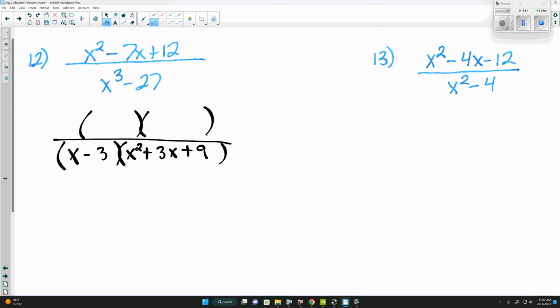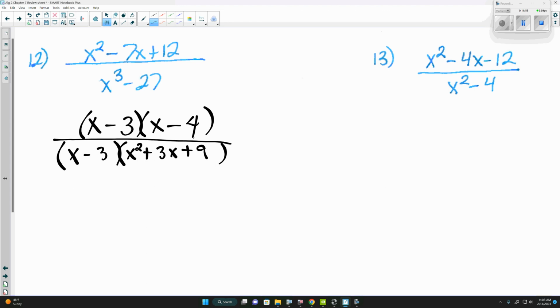Since the third term's positive, our signs are the same and match the sign of the middle term. So we have negative and negative. Factors of x squared are x and x. Now, out of all the factors of 12, we have 1 and 12, 2 and 6, 3 and 4. We want 3 and 4 because we want the middle term to be 7. 3 and 4 would give us 7.